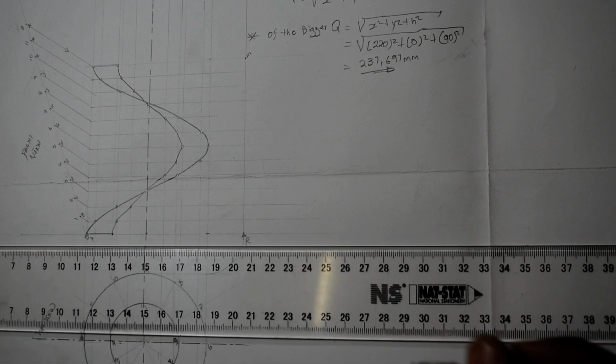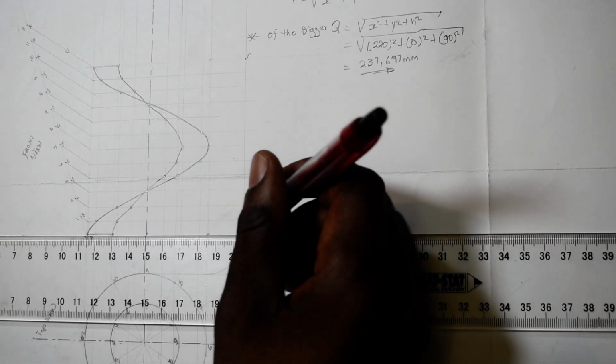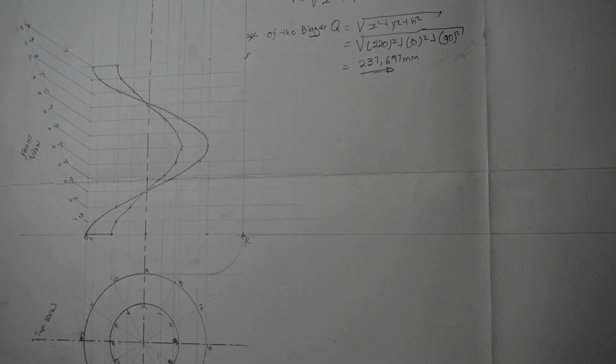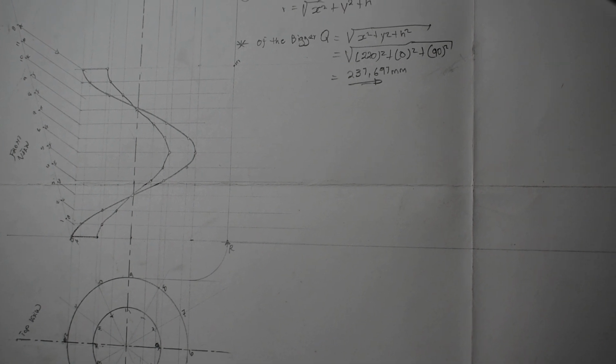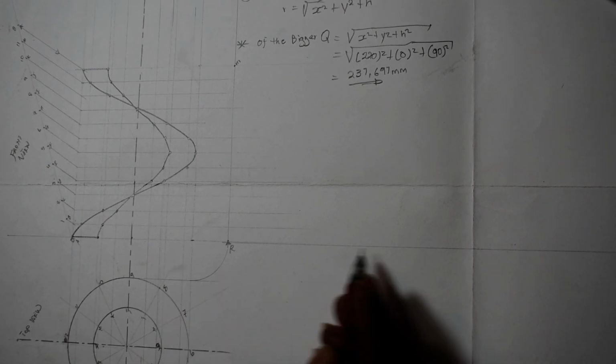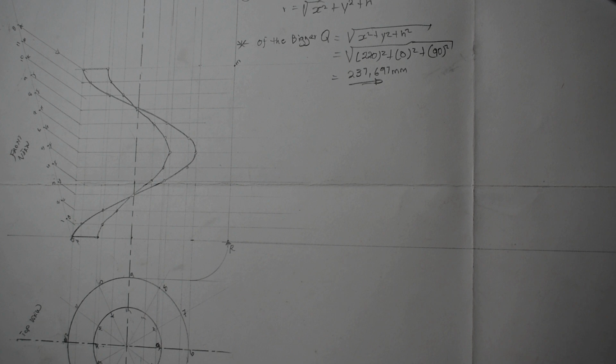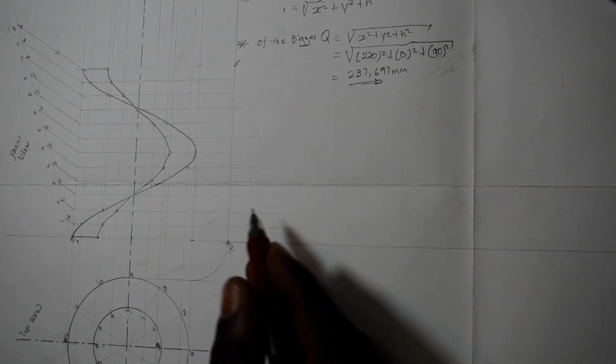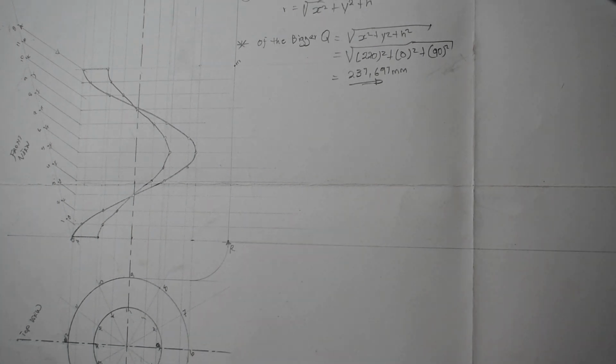Right, so I can extend the bottom line like this. Right, so it's now getting interesting. Along this line, what is going to happen? I'm going to record 220 from point 0 along this line.